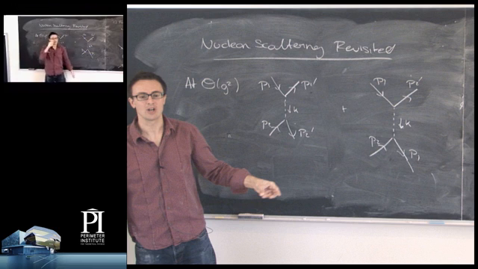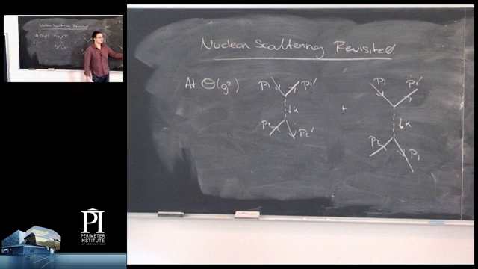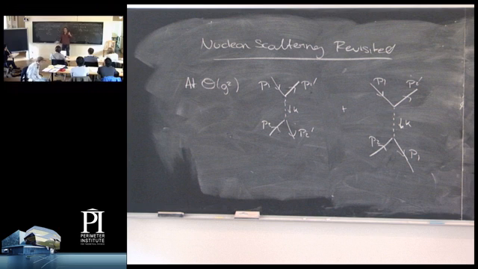For example, in QED, the dimensionless number, which is the coupling constant, is 1 over 137. Okay, so the first diagram is of order 1 over 137. The next diagrams are of order 1 over 137 squared, and so on. The series gets more and more convergent until you hit roughly the 137th term in the perturbation expansion.